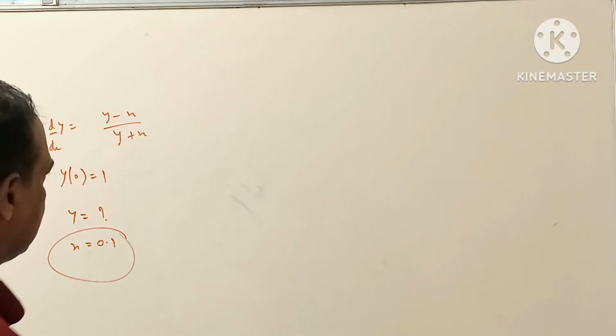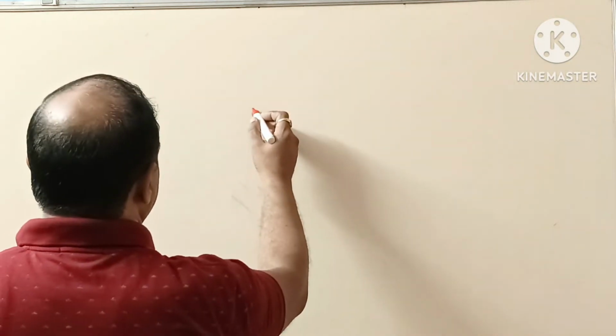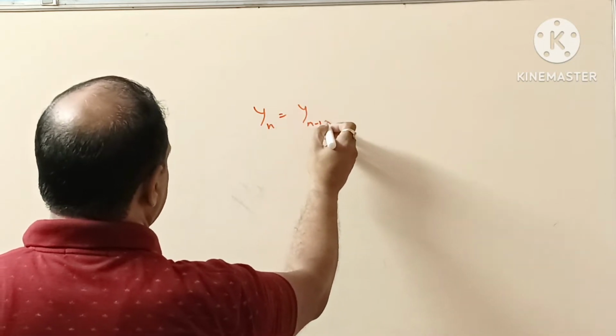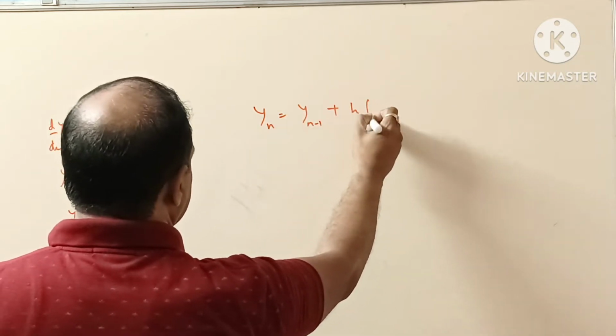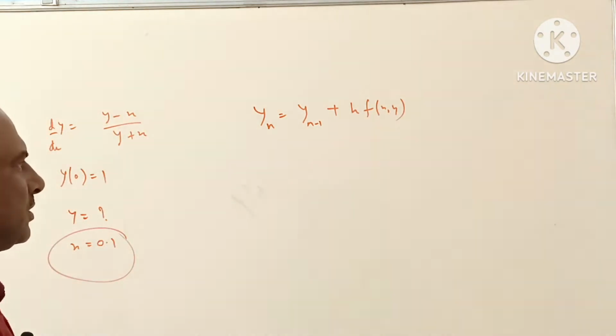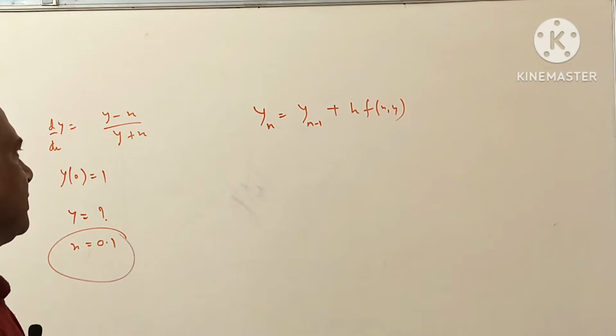As I have already told you, y_n equals y_(n-1) plus h f(x, y). This is the equation of Euler's method which we have to use to solve the questions here.